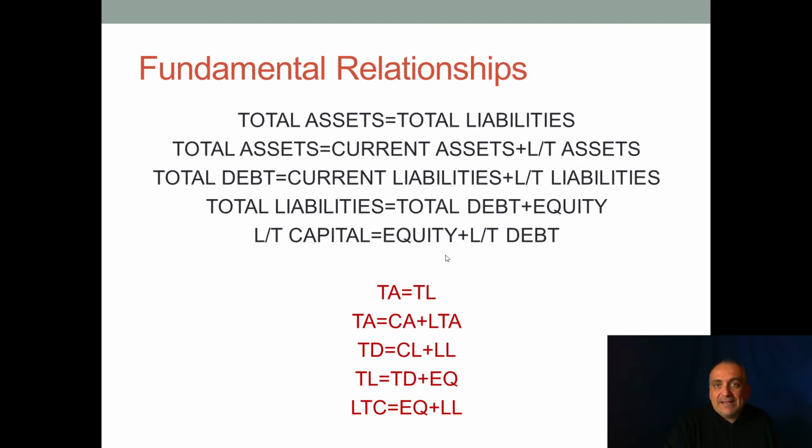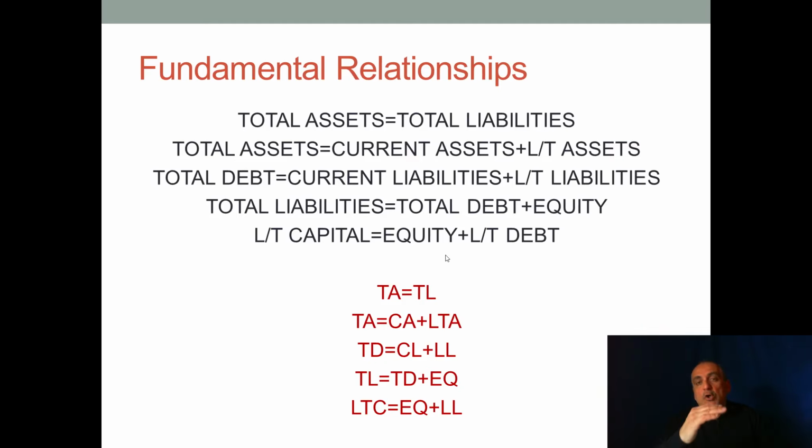The total debt is given by short-term debt maturing within 1 year and long-term debt, which is maturing after 1 year. So the liability side of the balance sheet is given by debt and equity. Debt is divided in two parts, plus equity.